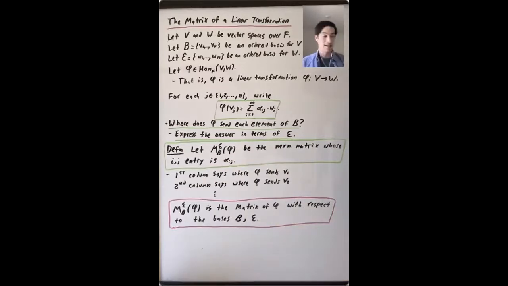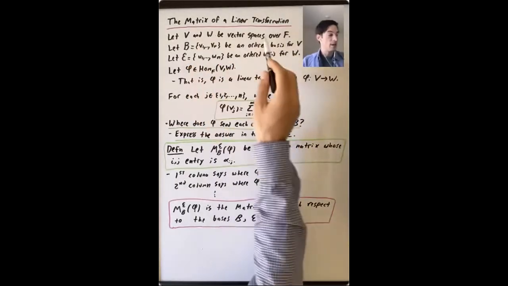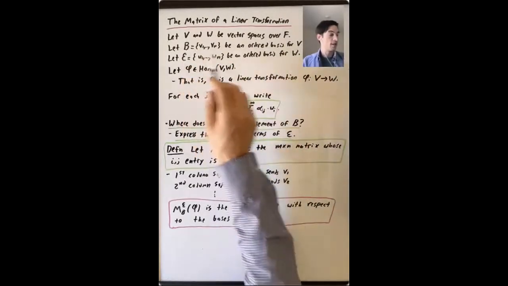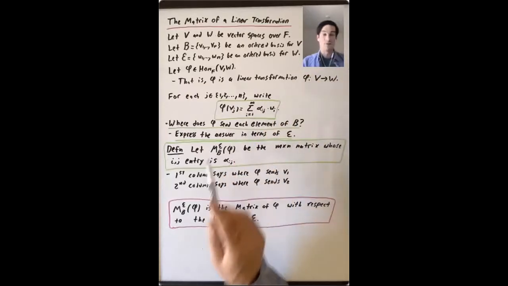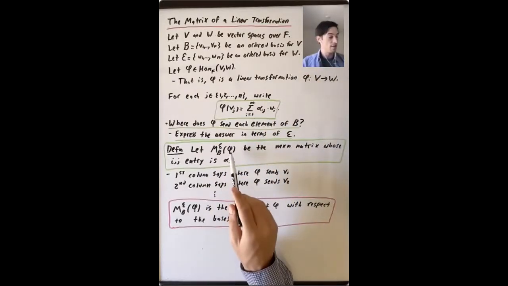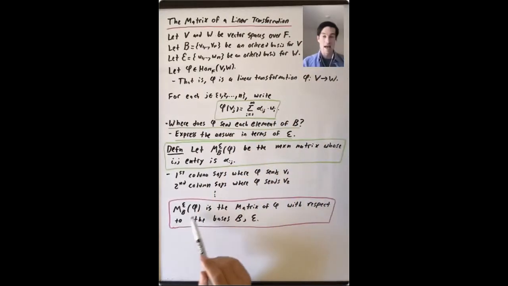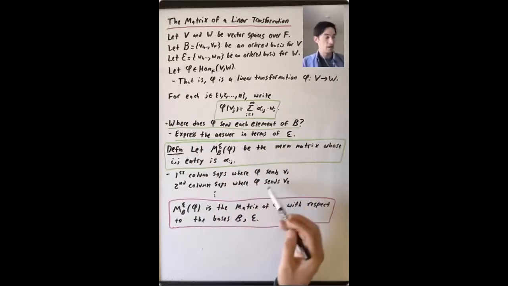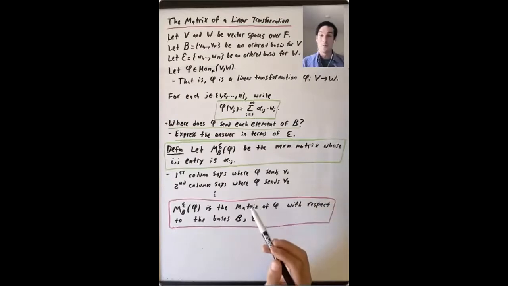All right, so what are we seeing? If you make a choice of basis for V and a choice of basis for W, then for any linear transformation phi, you get an m by n matrix with entries in F. So in this matrix, the columns are telling you where phi sends the basis vectors.